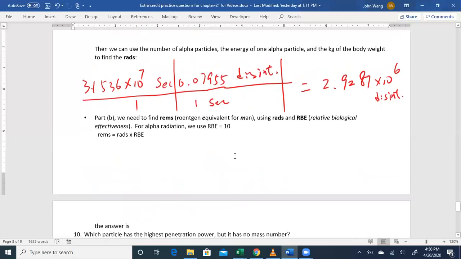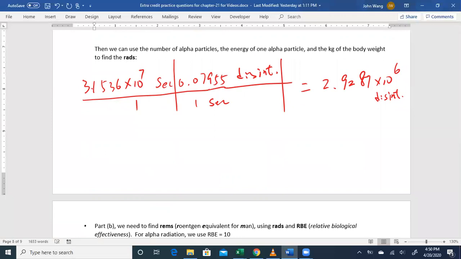So then by definition, what is rad? Rad equals 100 times how many joules per kilogram.